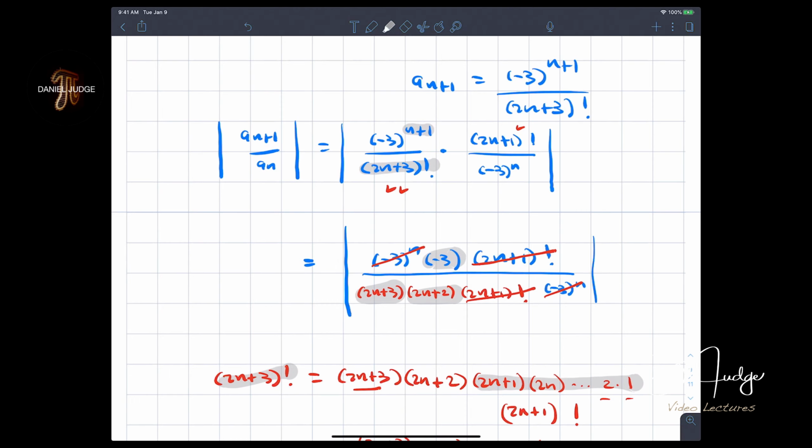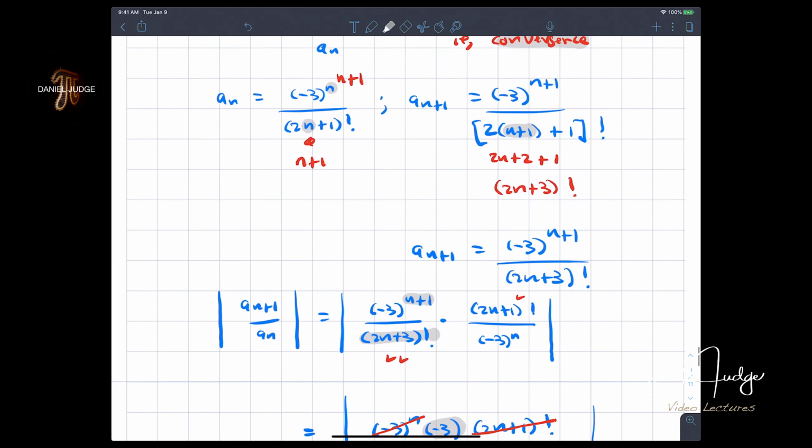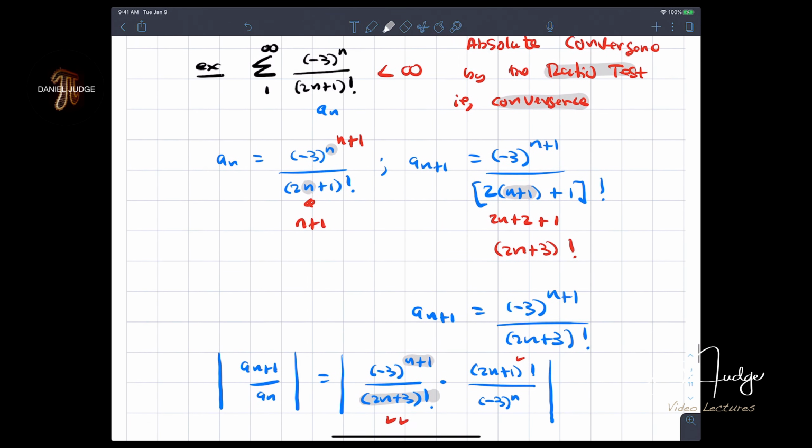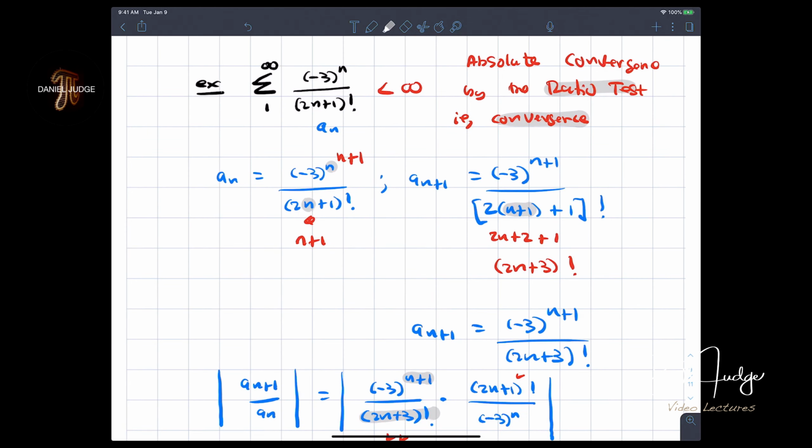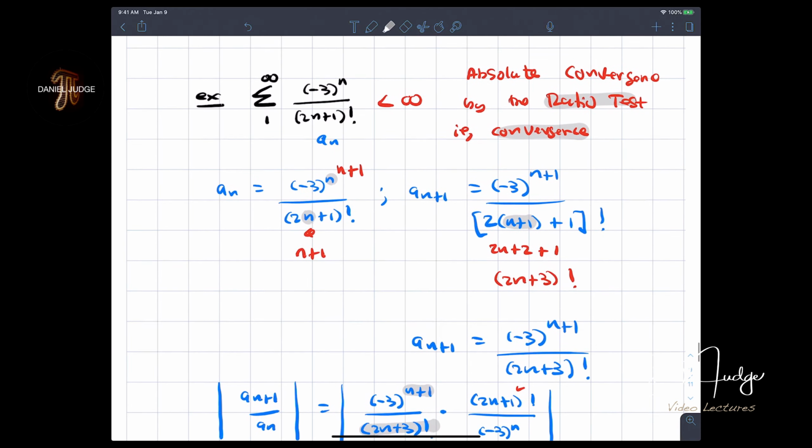In some ways, the algebra we're talking about here is really beginning algebra. And that's interesting to me. But algebra is all over the place. You got to show the work, do the algebra. And then you have some definitions here that we work with, like factorial, and how they work together when you have something like 2n plus 1 factorial as opposed to n factorial. Anyway, I talk too much.